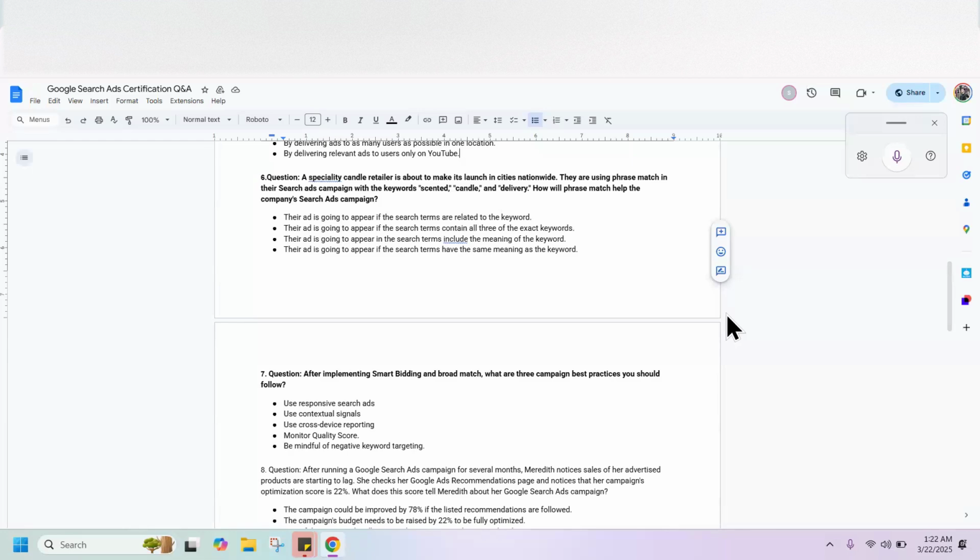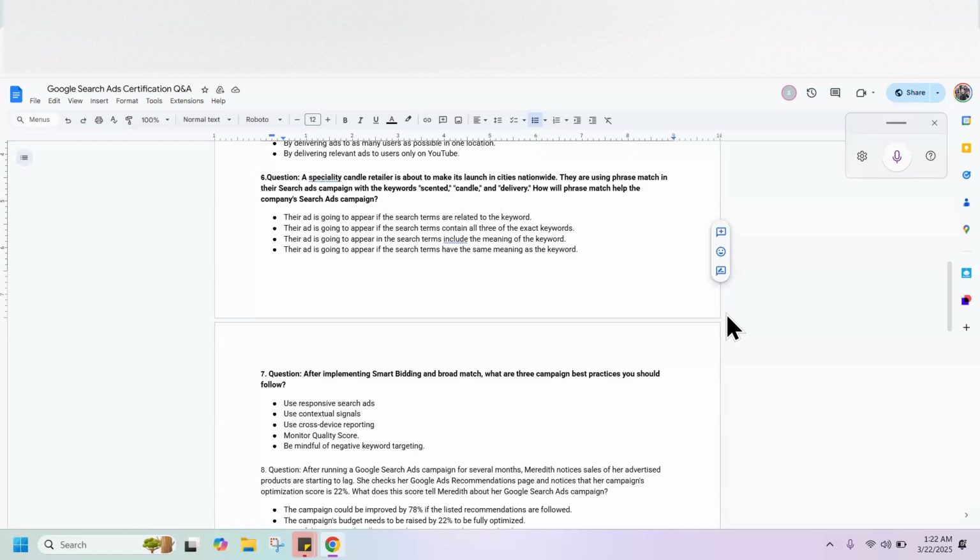How will phrase match help the company's search ads campaign? The ad is going to appear if the search terms are related to the keyword.